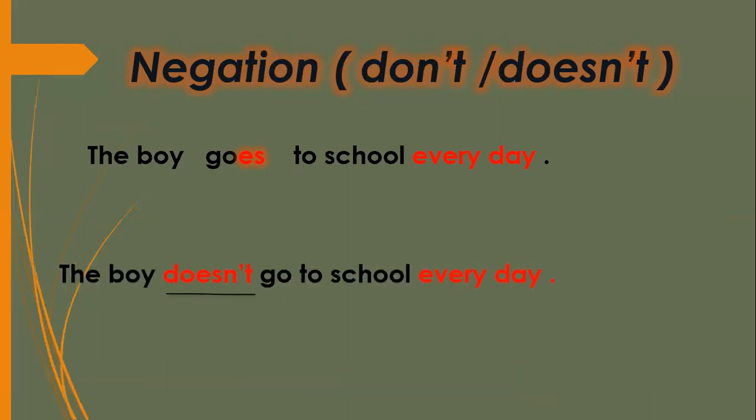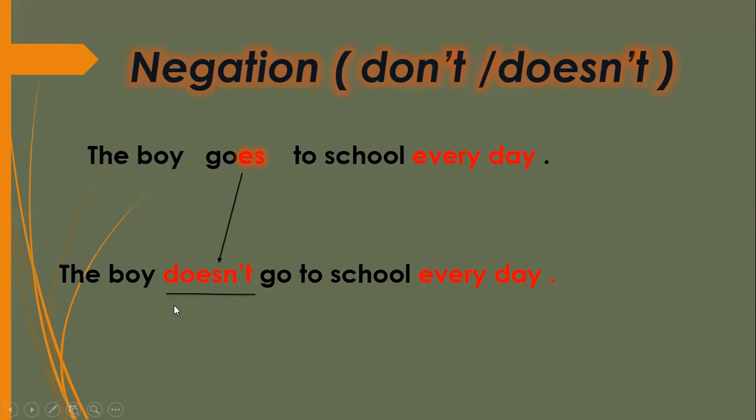When we say, the boy doesn't go to school every day, why do we use doesn't, not don't? The rule says that we have a third person singular, the boy is singular. Okay, so if the boy is singular, we add es to do, so we use doesn't. Okay, so here the boy doesn't go to school every day.